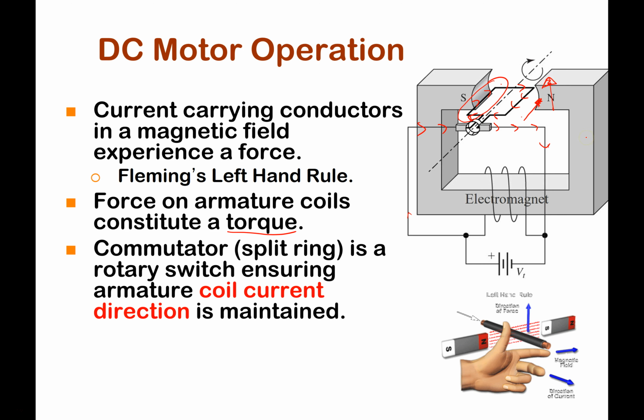So the winding would go to this side, and then the direction of the force would be reversed, so it would go back to this side. So it would start oscillating.